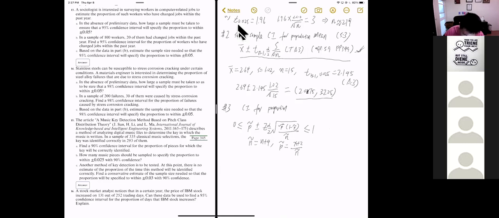So that is equation 5.5 from page 340 in your textbook.